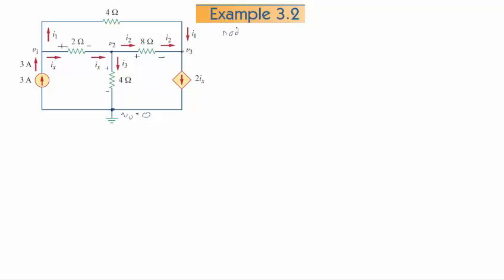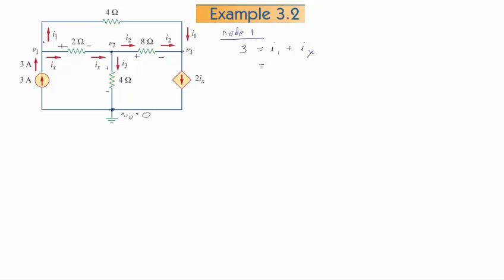At node 1, we have current going in equals out plus out, so I have no name on that one, but I have 3 amps equals I1 plus IX. I can go ahead and write what that is.